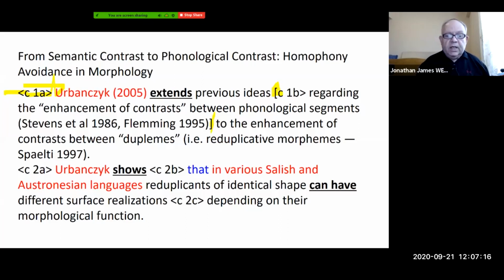Previous ideas regarding the enhancement of contrast between phonological segments, those ideas are modified by this clause. So the clause itself is functioning as part of the noun phrase. The head noun is ideas, and the post-modification is clause 1B.